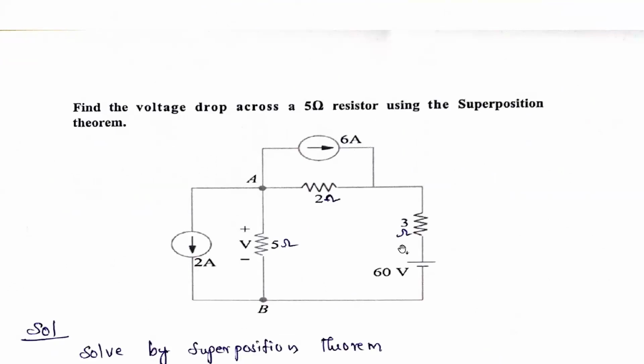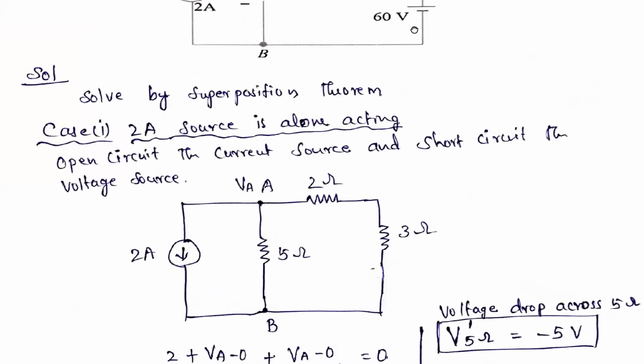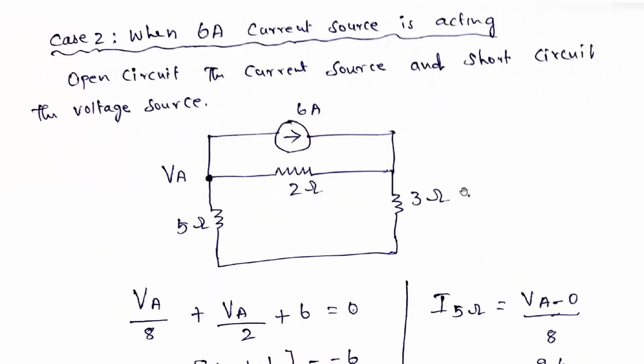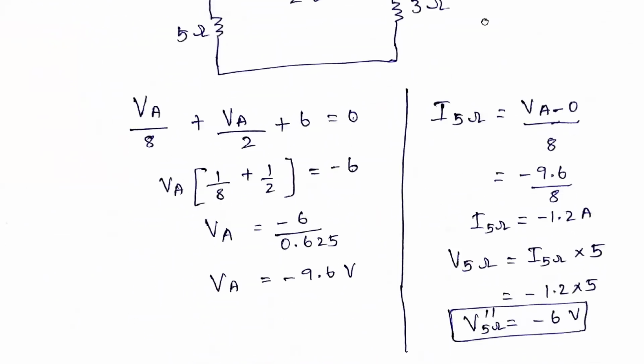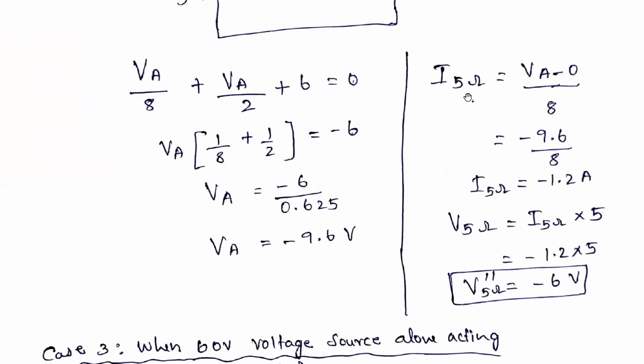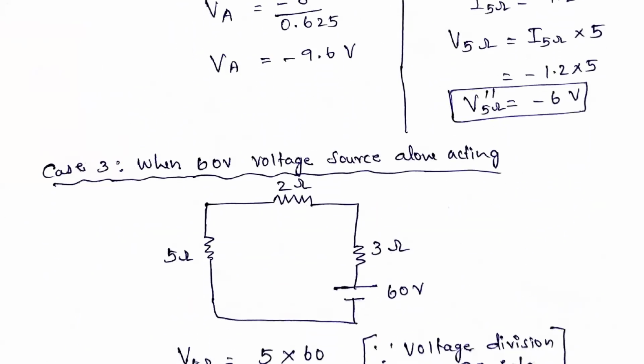Now we are considering only the 60 volt voltage source alone acting, so these two we are open circuiting and taking this voltage source alone.